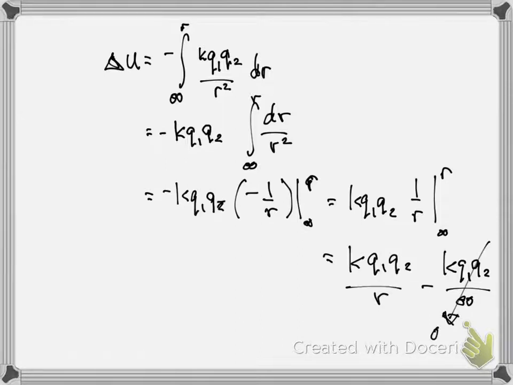Anything over infinity is 0, except for infinity over infinity. So therefore, delta U is equal to k q1 q2 over r.